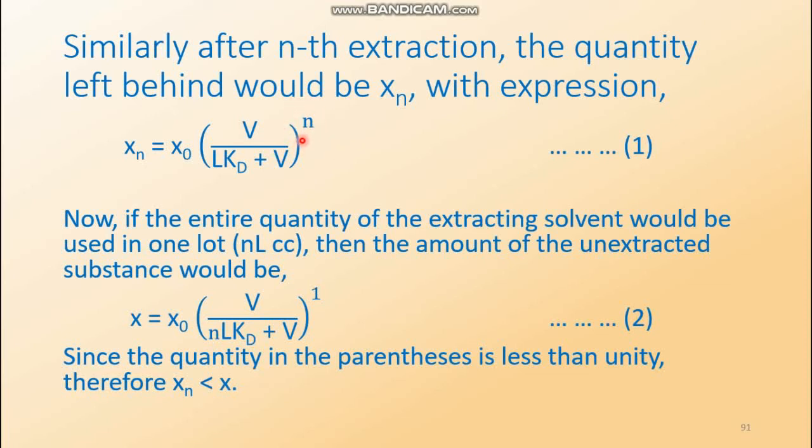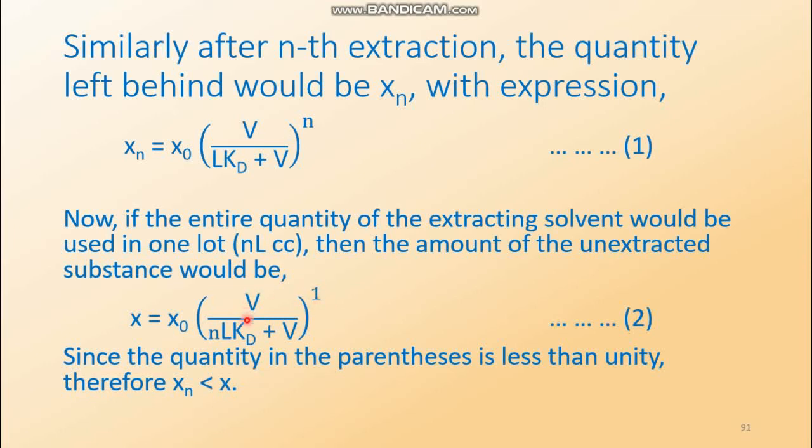Suppose you take the square of 0.1, then it will become 0.01. If you take the cube of 0.1, it will become 0.001. So the minimum value of n is 2, isn't it? Since it is a fraction less than 1, this value must be much smaller than the other, because there the power is only 1.